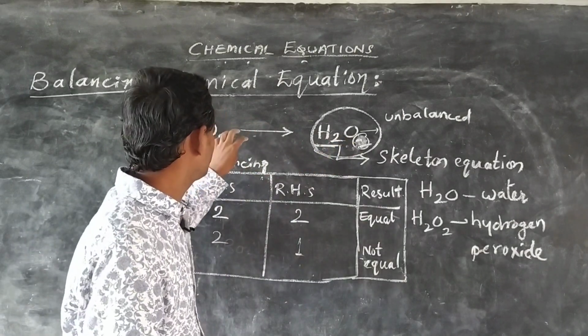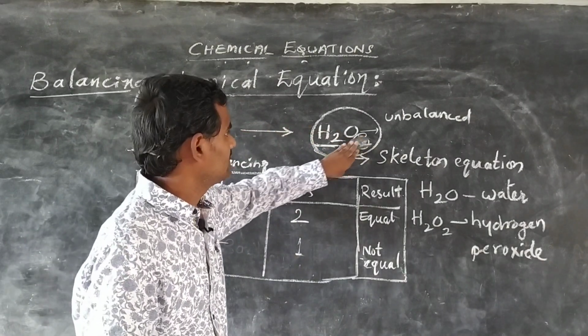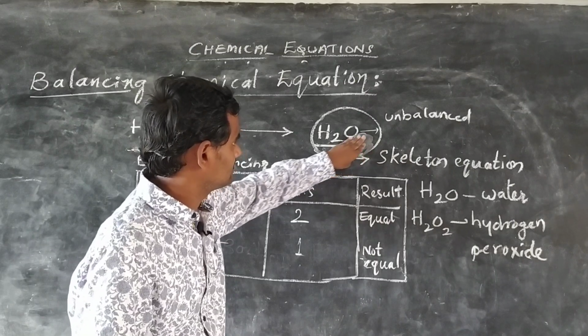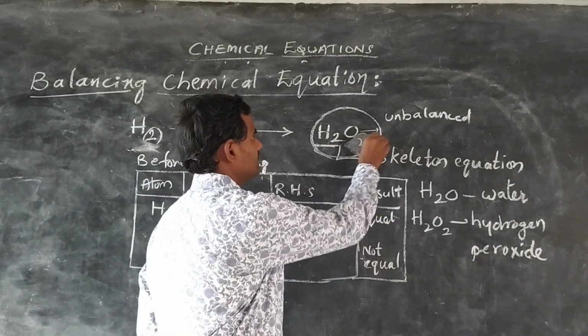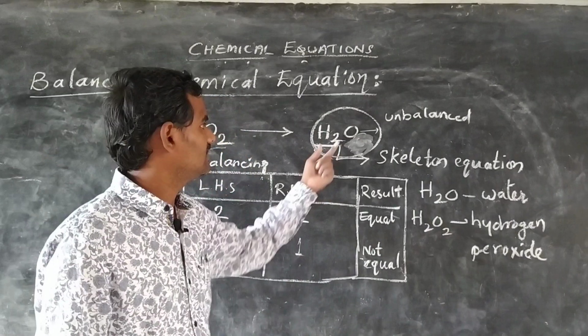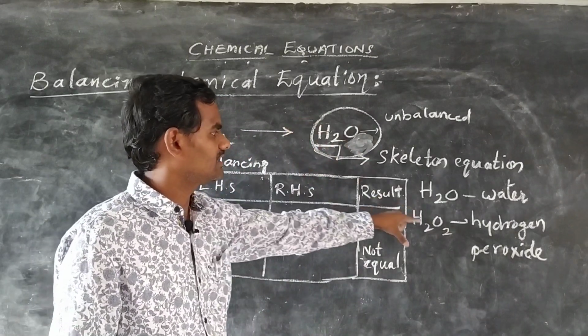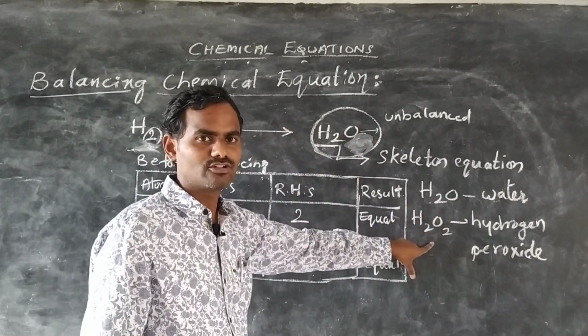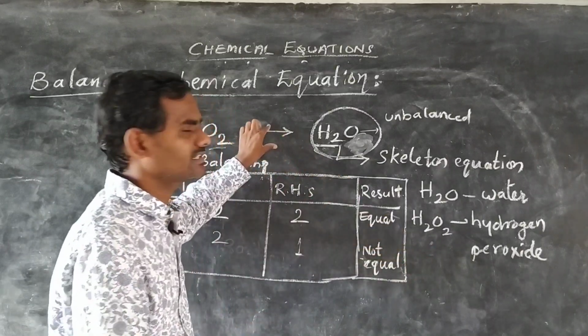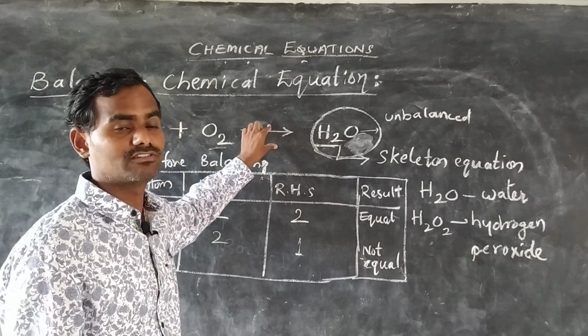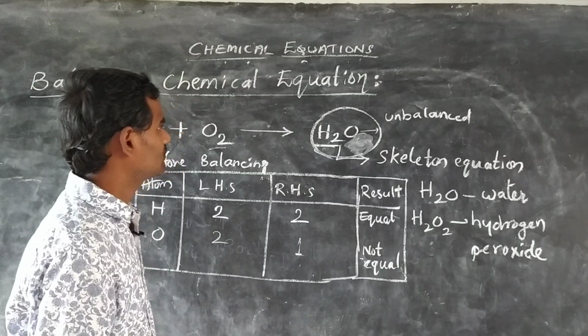When hydrogen reacts with oxygen, it forms water. If we balance the equation by changing the subscript, it will change its nature completely. The chemical nature of water and hydrogen peroxide are completely different. It means the equation will become wrong. So what do we have to do?